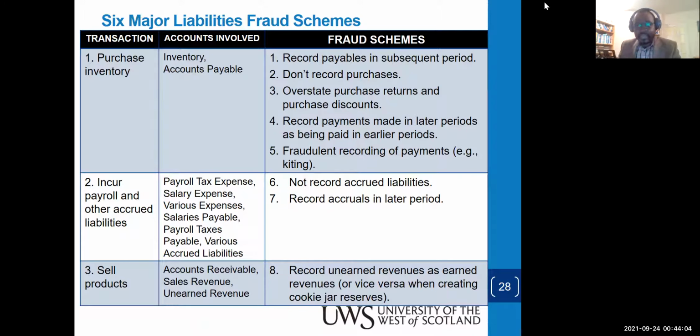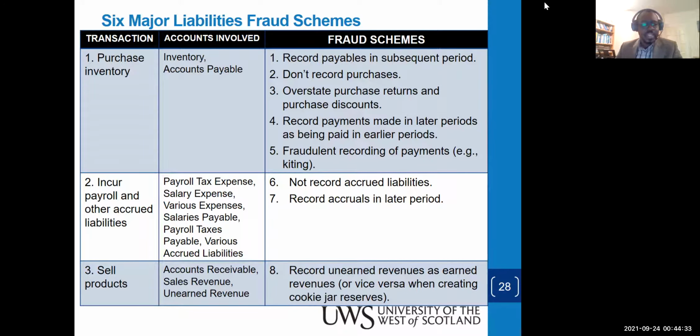It pops up. So they will understate or not record purchases at all, or they could overstate purchase returns and purchase discounts, so that at the end of the day they get a good picture of gross margin. They could also record payments made in later periods as being made in earlier periods, and fraudulently record payments, for example, kiting.